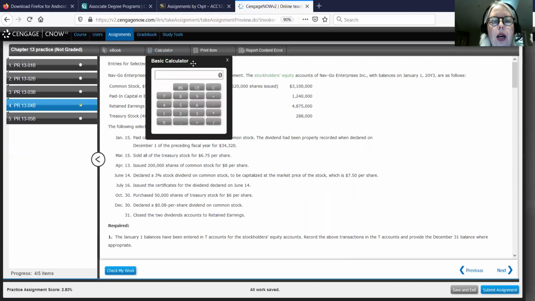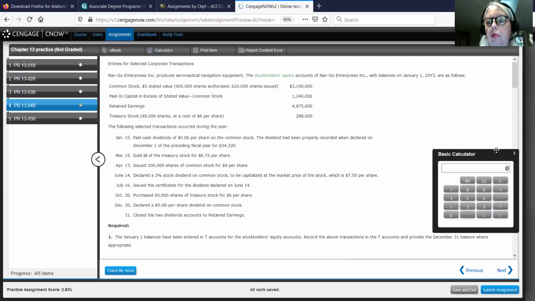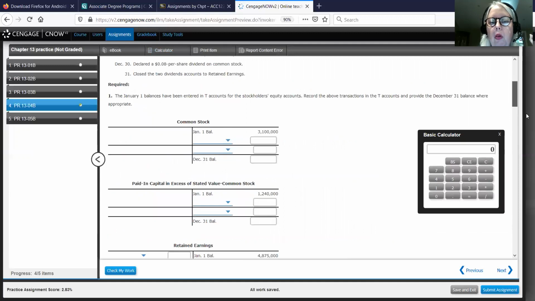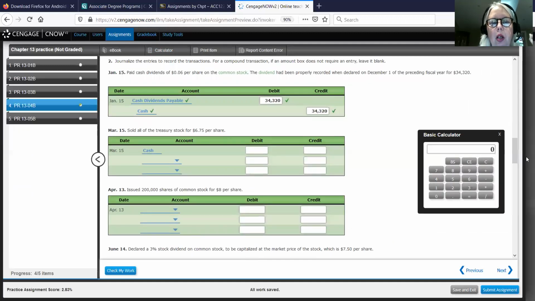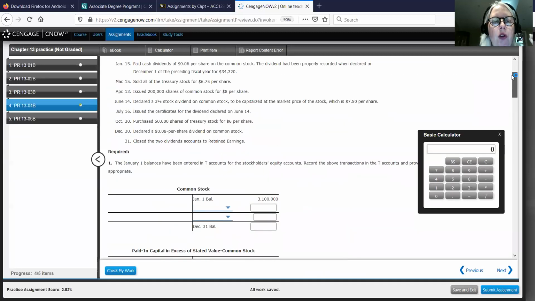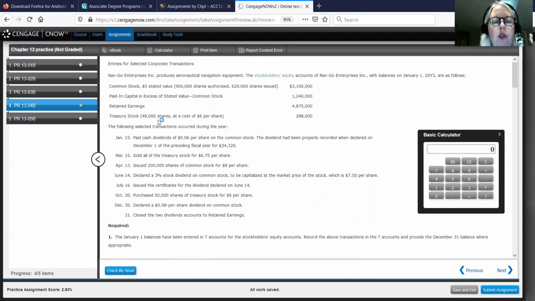So I'll pull up my calculator here. We'll scroll down to my journal entry, and I'm going to take the number of shares of treasury stock that was given, 48,000.